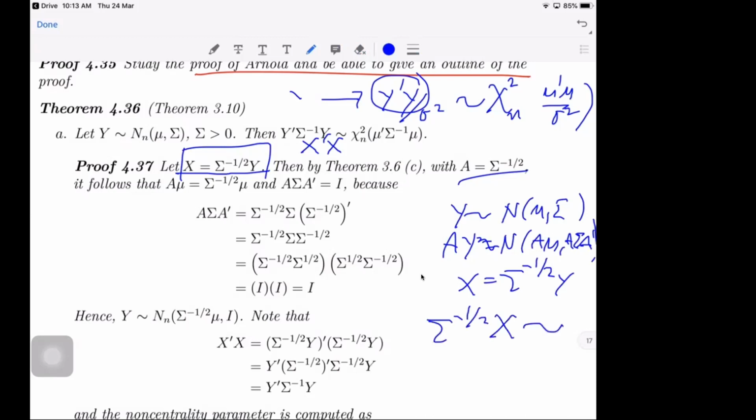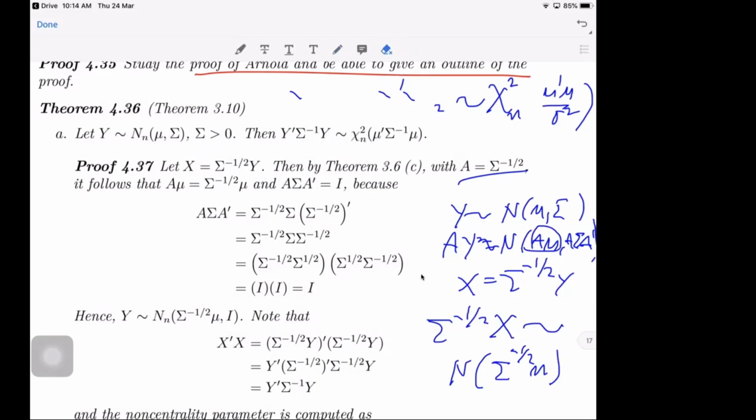So our parameter here is still normal with sigma raised to the 1/2 mu, no? So this is your A mu. That A mu here, our A mu there will be sigma raised to the 1/2 mu. And our A sigma A prime will just be the identity. Why?